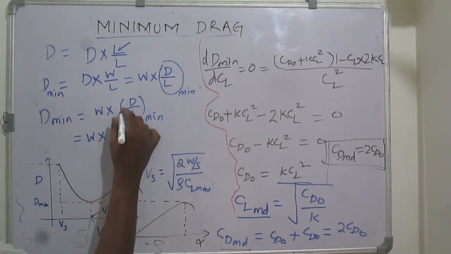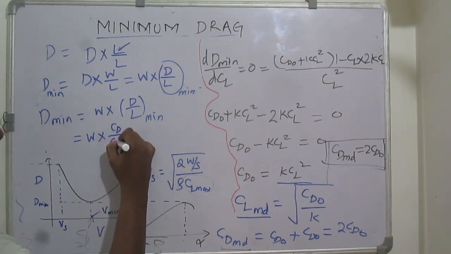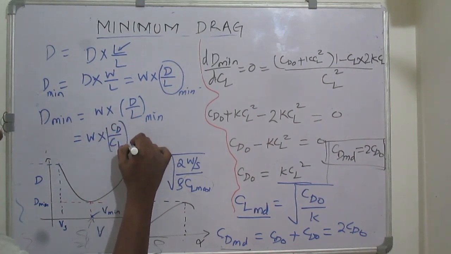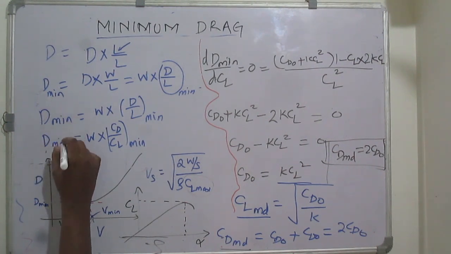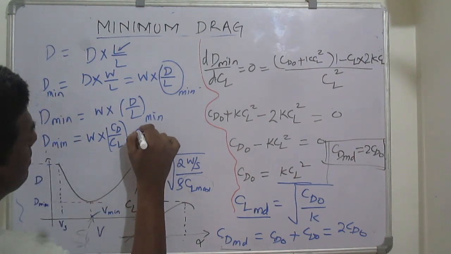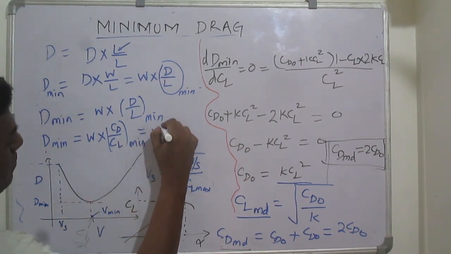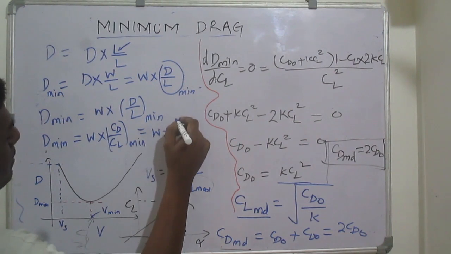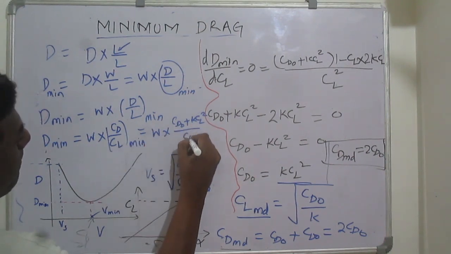So this D by L we can change into CD by CL. So when drag is minimum, then by substituting, this can be further expanded. W into CD, which is nothing but CD naught plus K CL square, by CL.